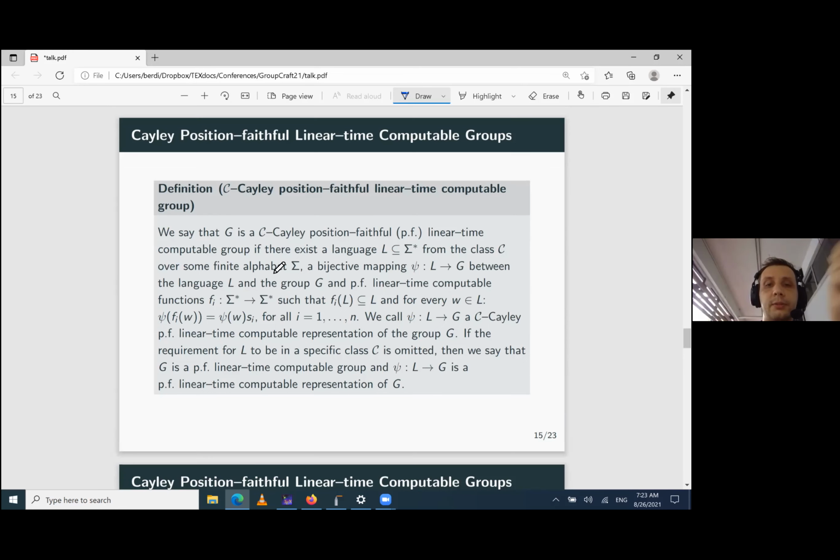You assume now that the language of normal forms is in a certain class C. If C is the class of regular languages, then you get the standard definition of a Cayley automatic group. But still, you can do multiplication in linear time.